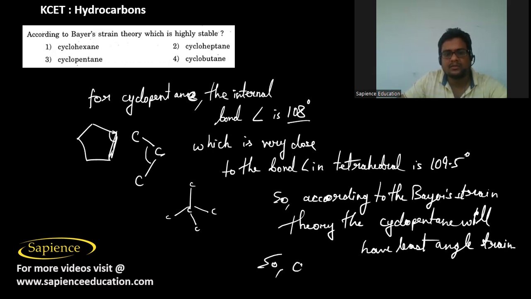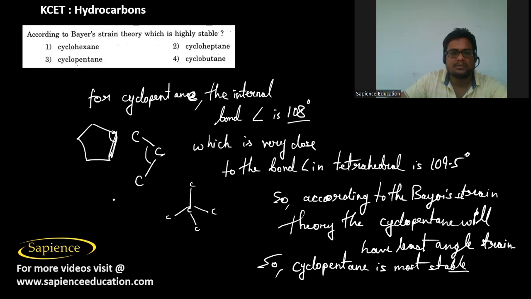So cyclopentane is the most stable, according to the Baeyer strain theory. So option 3 is the correct answer.